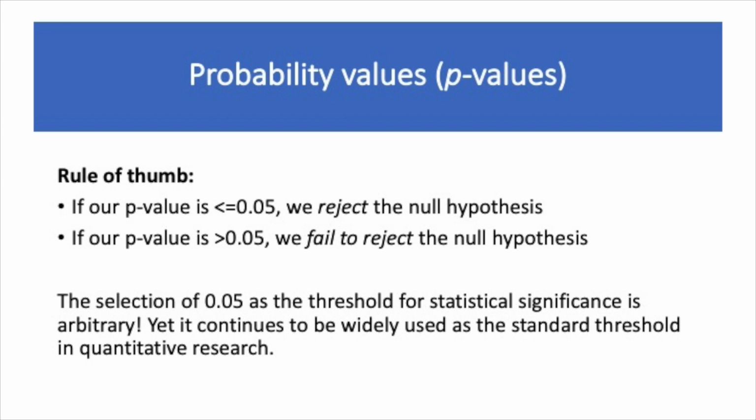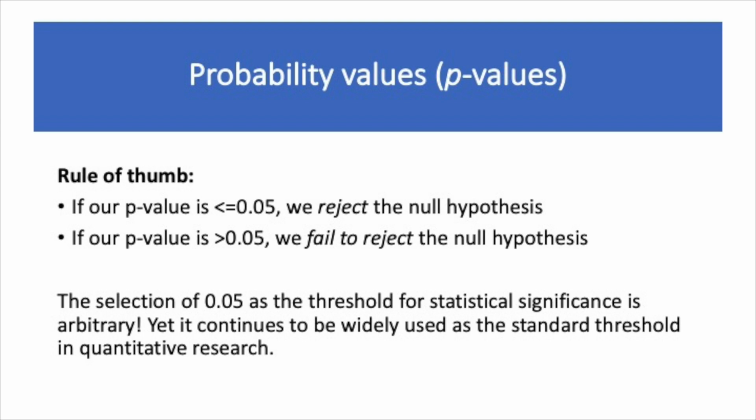It is important to note here that this threshold of 0.05 is completely arbitrary. Okay? I actually don't know the complete history of how we got to 0.05 as the threshold for our p-value, but it is an arbitrary threshold. And this can be and has been considered to be problematic in a lot of research, a lot of discussion of the kinds of methods that we use to determine whether we have statistically significant results.